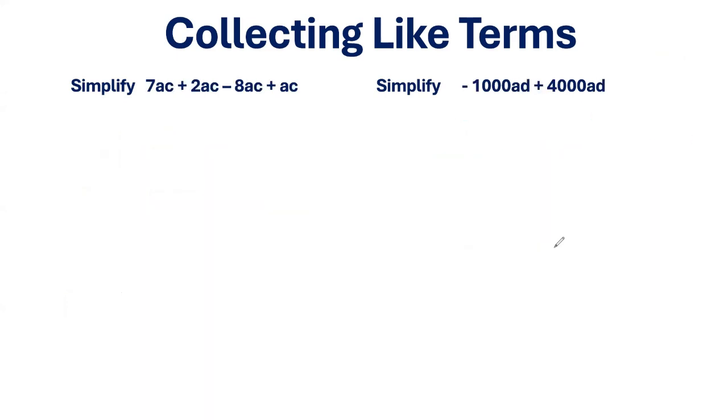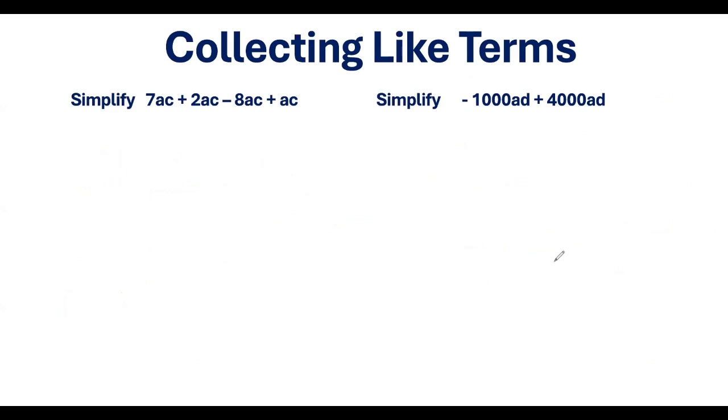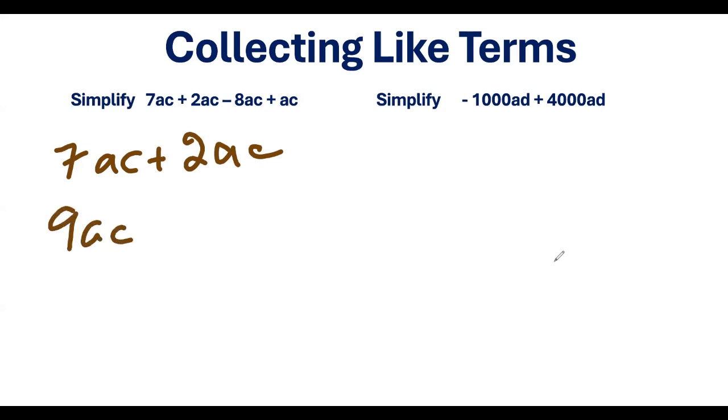Next: 7AC plus 2AC minus 8AC plus AC. Let's solve it. 7AC plus 2AC, these are the first two terms, will give you 9AC. Continuing further, minus 8AC plus AC.